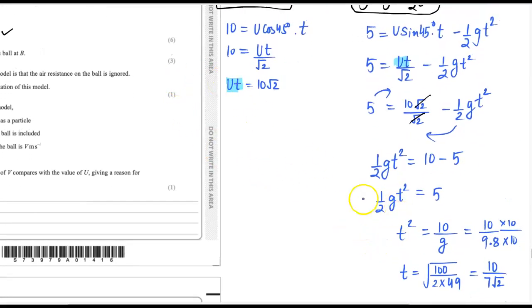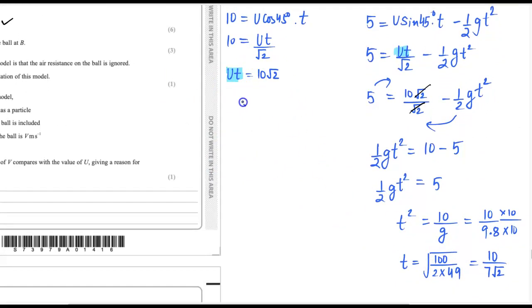Now because we have to find the value of u, let's substitute t here. It was u times 10 over 7 root 2, which is equal to 10 root 2. If we divide both sides by 10, we're going to be getting u over 7 root 2, which is equal to root 2.